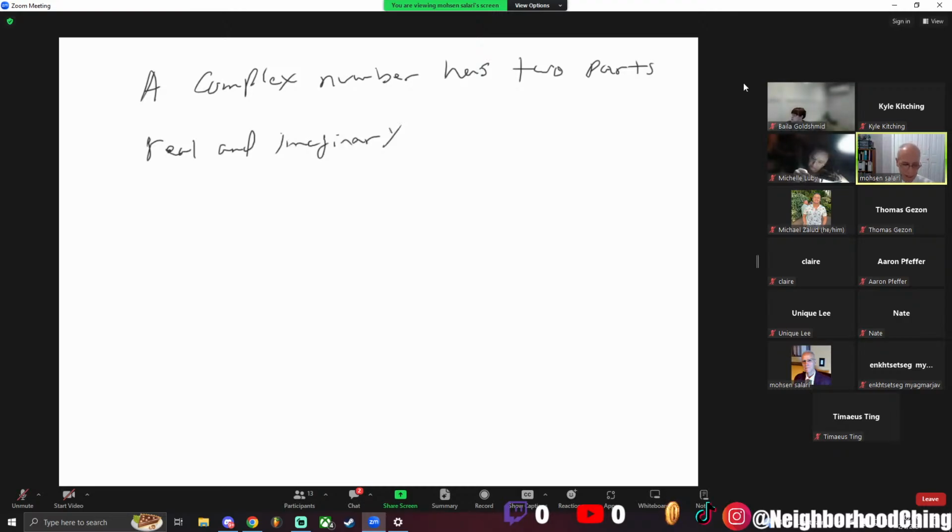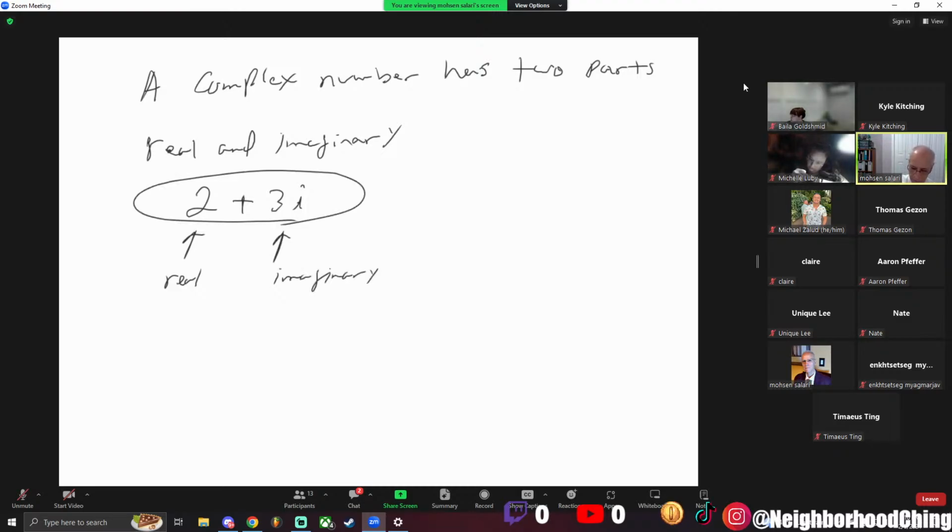And once again, I really don't like the word, I don't think any teacher likes that, but it's the way it is. So let's say if I have, say, 2 plus 3i, that i stands for imaginary, this is the real part, and this is the imaginary, and the entire thing is complex because it's made of two parts.